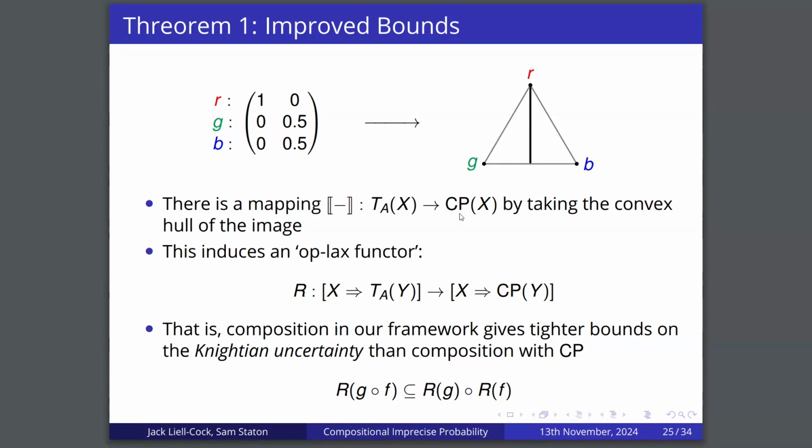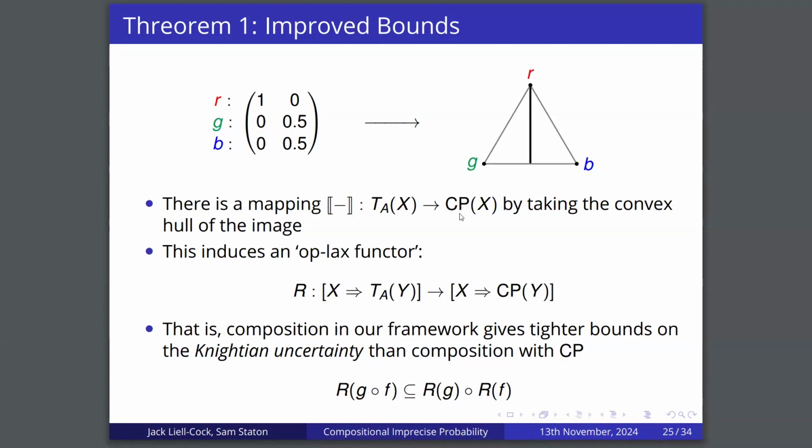There are two probability vectors, and if we think of the three outcomes as red, green, and blue, in the first one we have 100% chance of red, and in the second one we have equal chances between green and blue. So we map each of these probability vectors into the simplex and take the convex hull, and that's how we recover our mapping to the convex power sets.